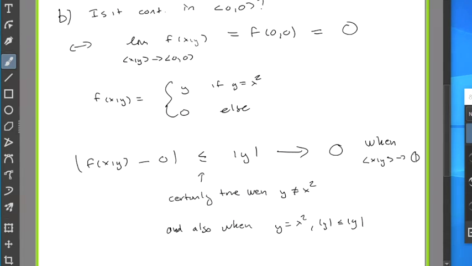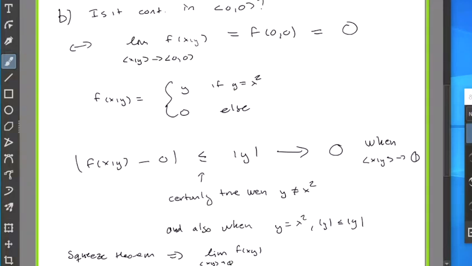So in any case, the squeeze theorem then gives us the claim. |f(x,y)| is smaller than or equal to something which goes to 0 when (x,y) goes to 0. The squeeze theorem then implies that the limit of f(x,y) when (x,y) goes to 0.